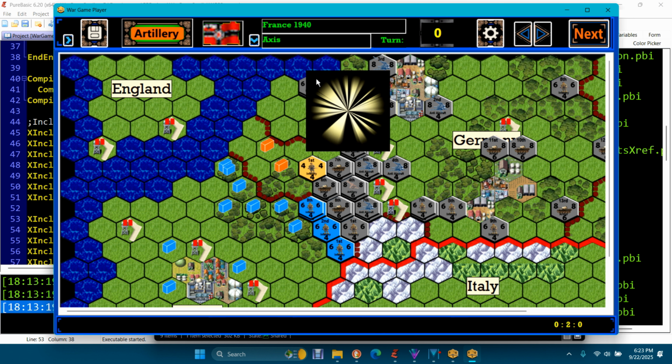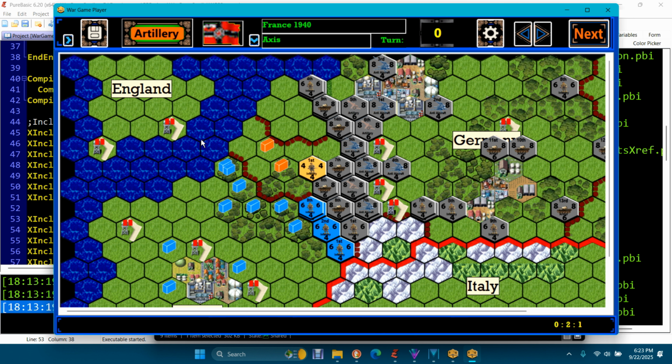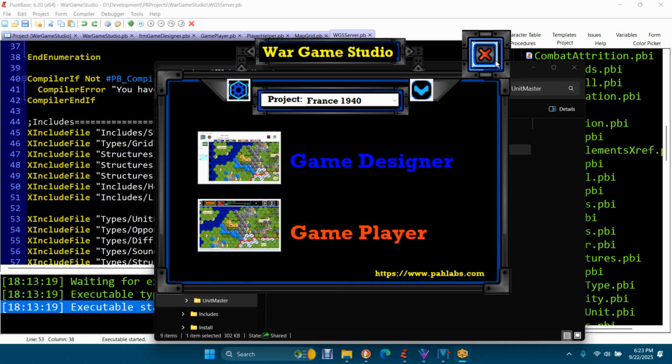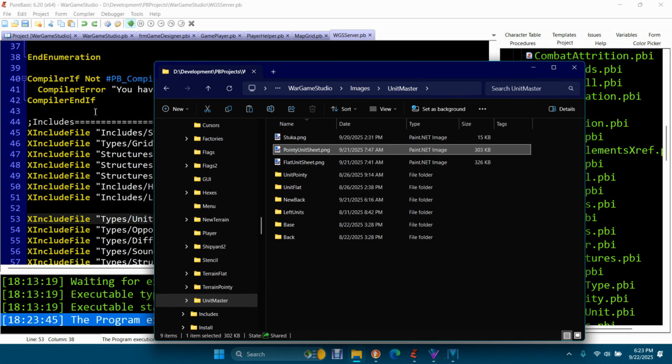That pretty much rounds out what's going on. Like I said, I do have that working on the Stuka dive bombers. I was really lucky. I stumbled onto this wonderful picture of a Stuka dive bomber on the internet, and instantly grabbed it and put it in the system. I want to do that with Spitfires and with the Japanese Zeros.